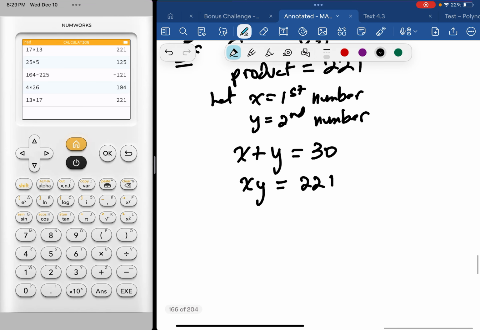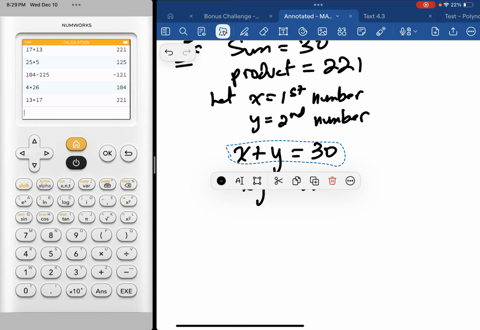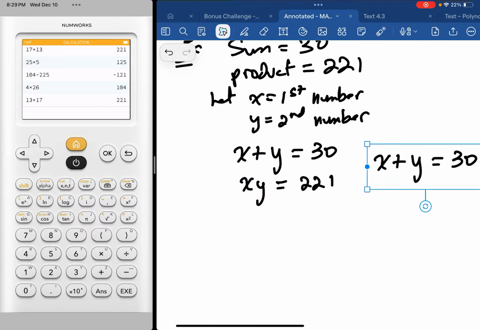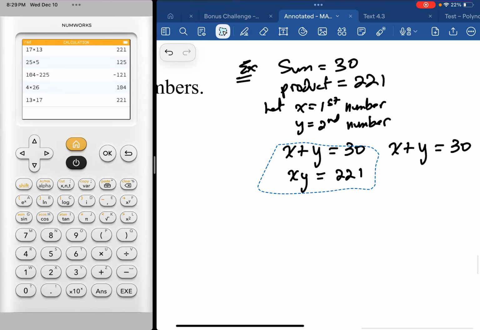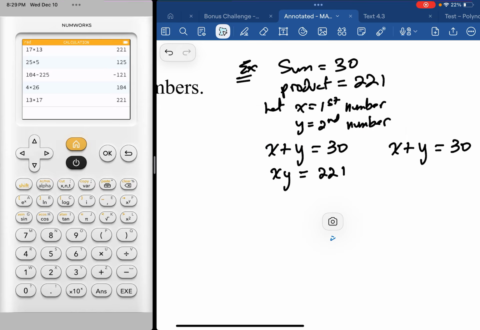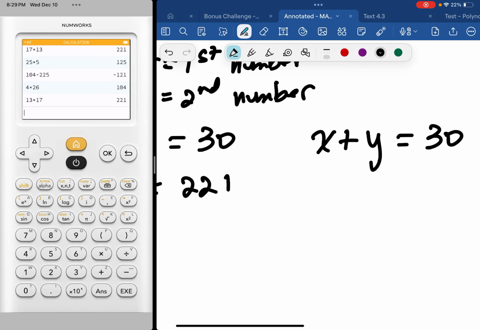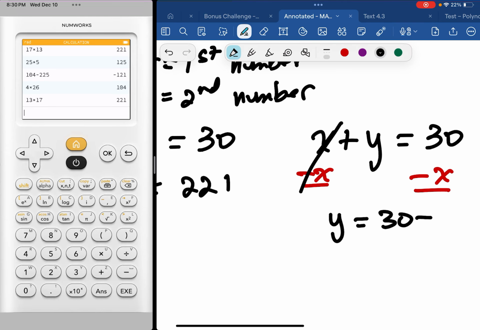All right. So the way we handle this is by taking one of the equations and solving for one of the variables so that I could replace the variable in my second equation with that new expression. So the most efficient way of doing that would be to solve my first equation for y in terms of x. So y would be equal to 30 minus x.